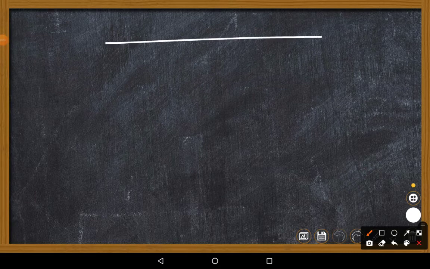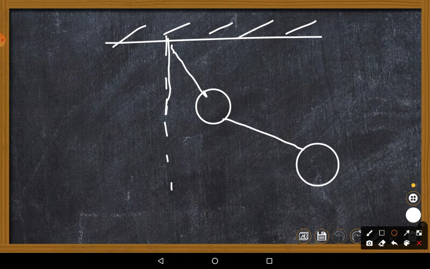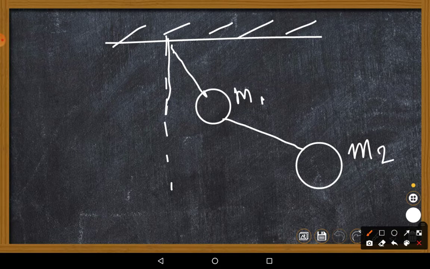So this is our fixed ceiling, and we are not choosing Cartesian anymore. This is one of our mass bobs. This is another mass bob with a string, and let us say this one has got some mass m2, this one has got a mass m1.